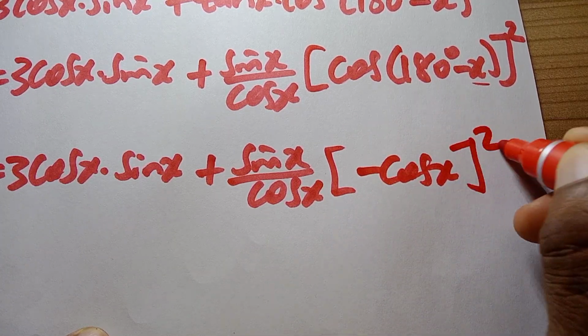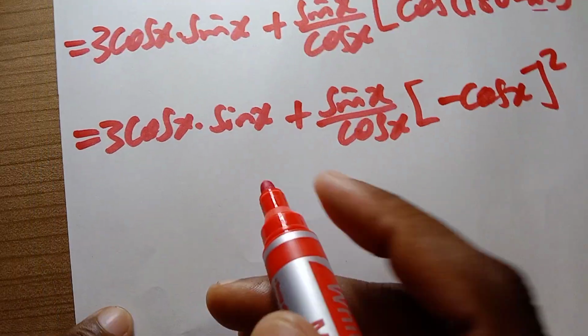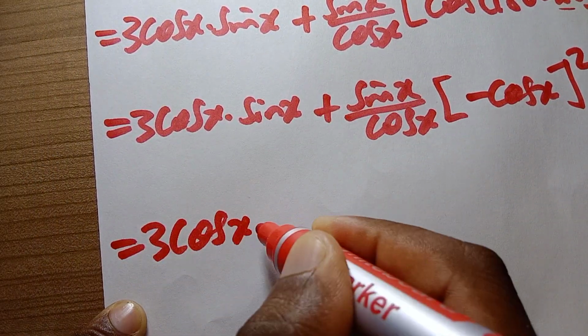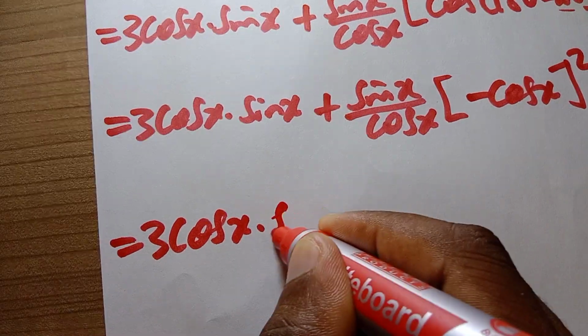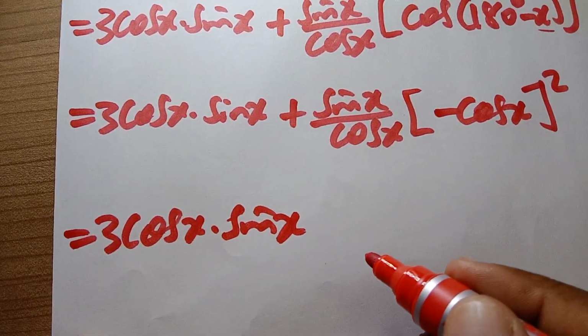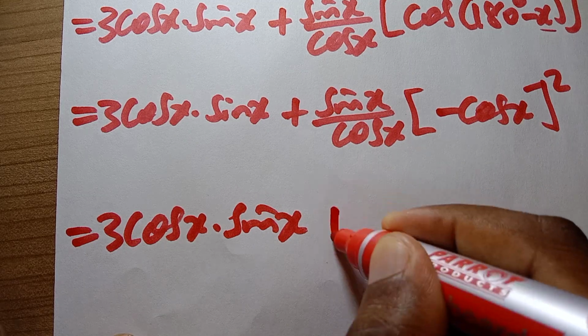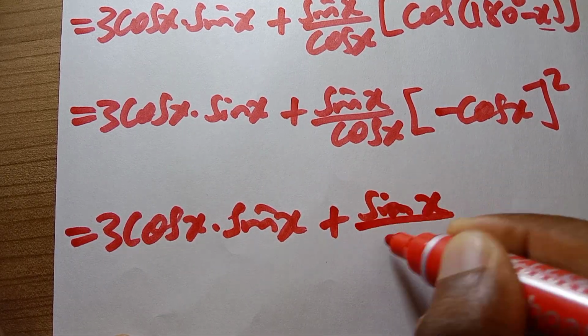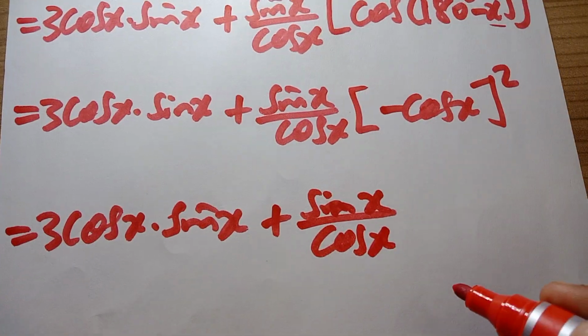Then we're still having the square there. Here we're still having the 3 cos x multiplying the sin x, and the sin x over the cos x there.